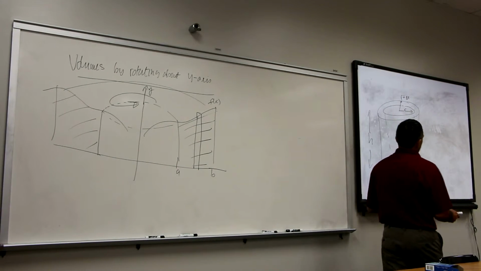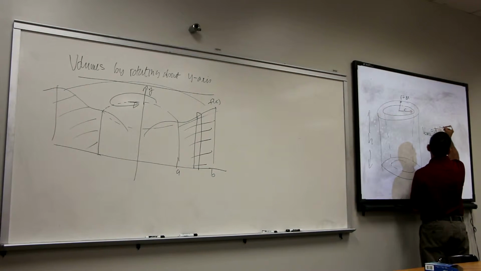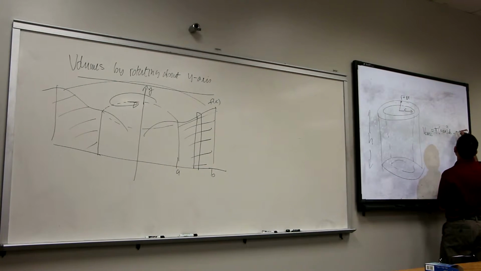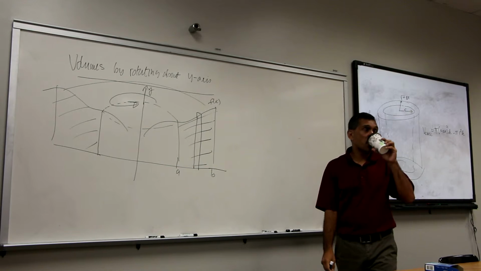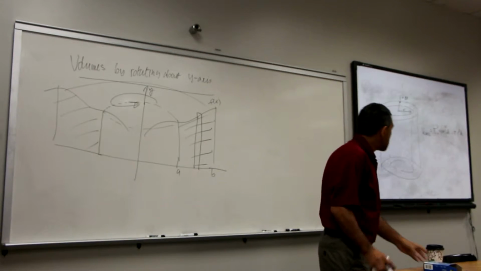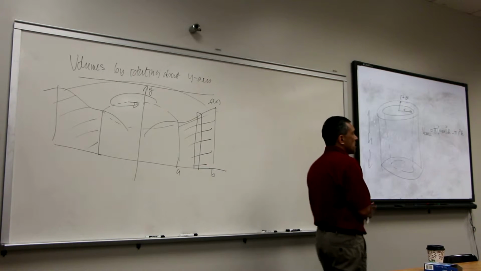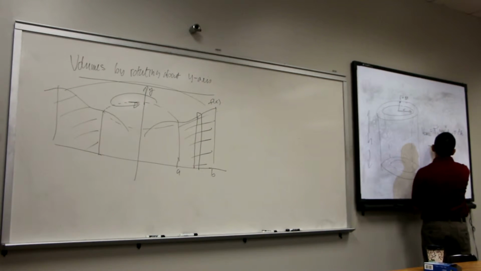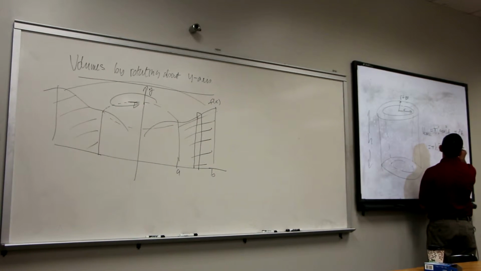So the volume of your shell. Who does not understand that? If you want, I'll take the pi and the h out, factor. It's r plus delta x squared minus r squared.